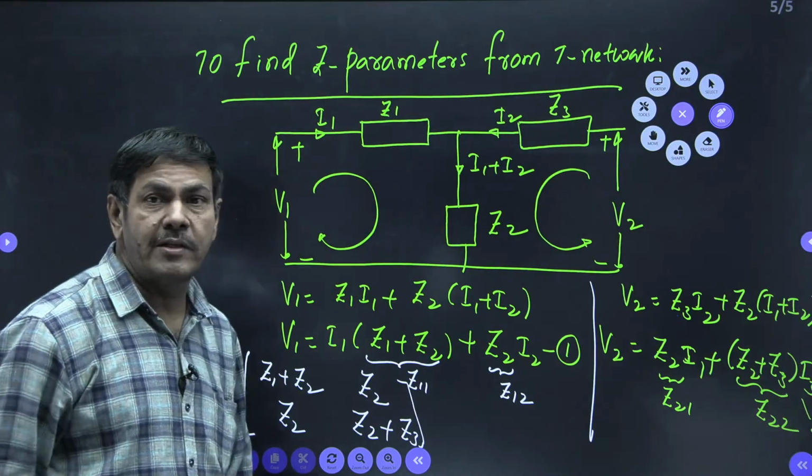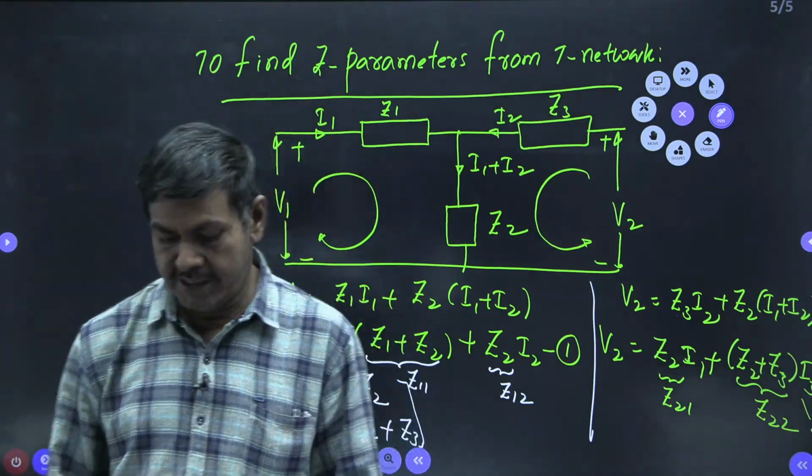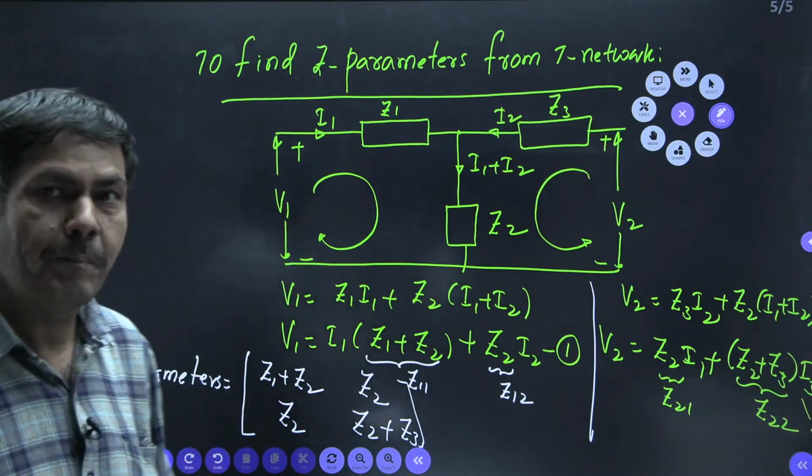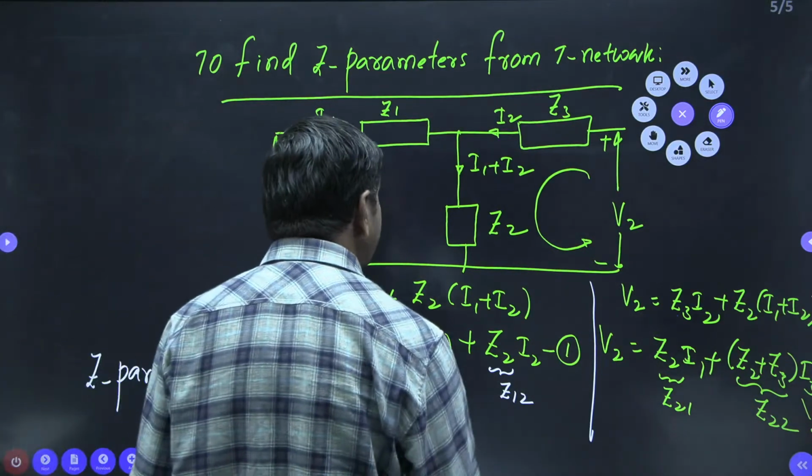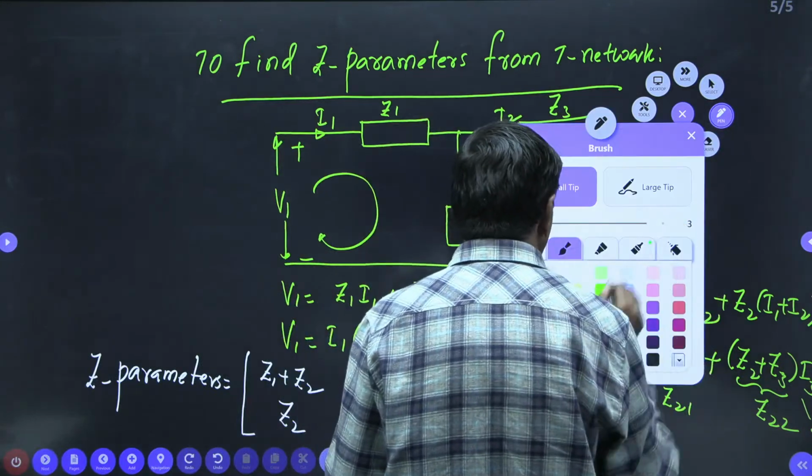Now, how to find out the Y parameters? By using the pi network, we can see now. By using the pi network, I will give it now.